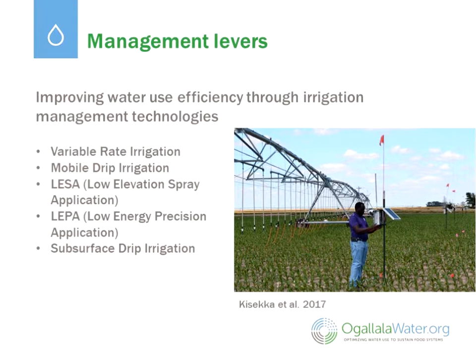So similar to precision ag with nutrient management, there are tools now being developed for variable rate irrigation management. I would say that those have mostly been looked at in areas with higher saturated thickness and less in areas where there isn't enough water to really meet full crop ET demand. So especially there's a lot of active research on variable rate irrigation in the northern part of the aquifer region.